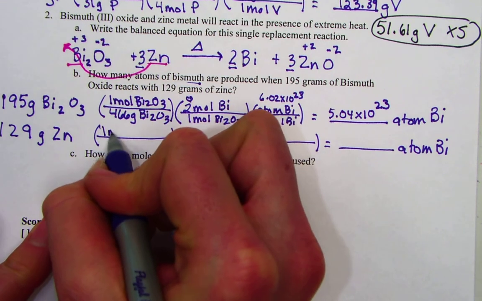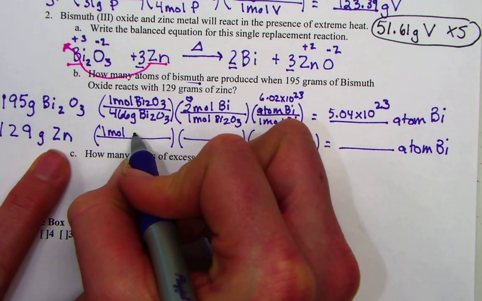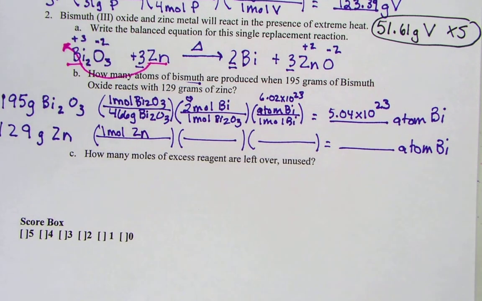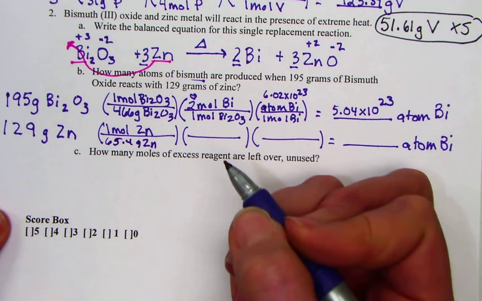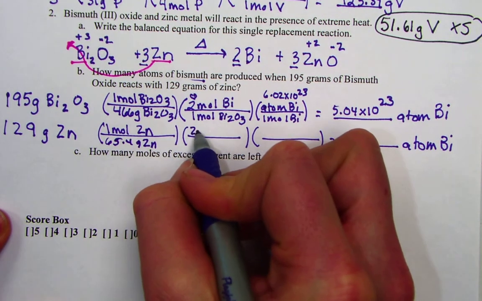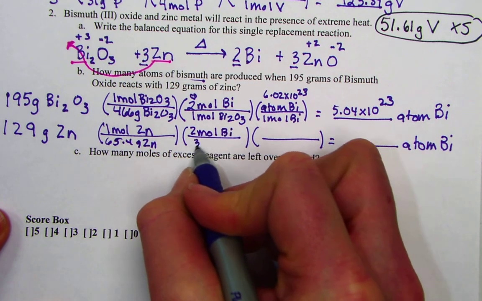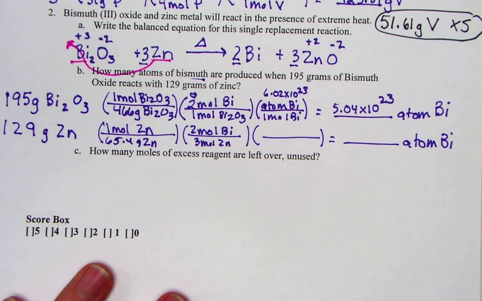In our next parentheses, 3-stepper, we'll start with 129 grams of zinc. So we'll need a molar mass of zinc in our first equation. Zinc is a molar mass of 65.4. I'll place that, 65.4 grams in every 1 mole. We want over given in our second step, 2 moles of Bi for every 3 moles of zinc, a 2-to-3 stoichiometric ratio.